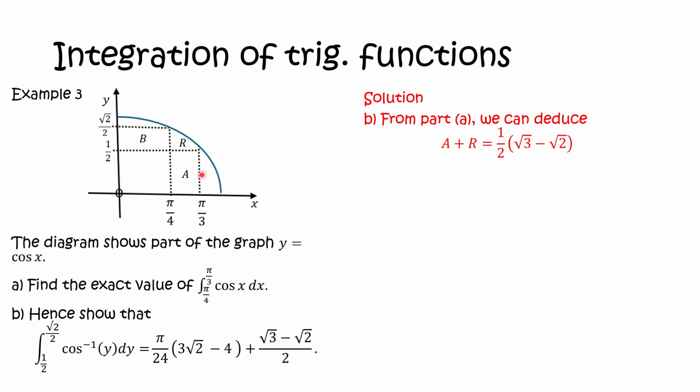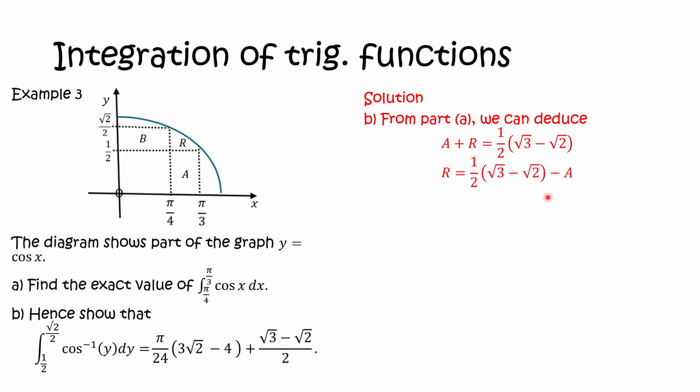Great then. So we know that from part A, we can actually have A plus R. So we see from the graph now, A is a rectangle and R is that bit over there. We got half times root 3 minus root 2. That is for the area A plus R, meaning that we can actually go on to find what area R is, because we know that A is a rectangle.